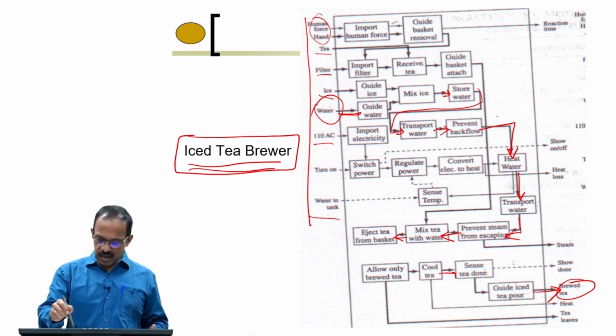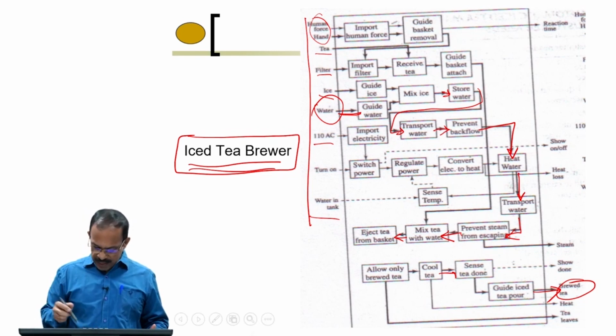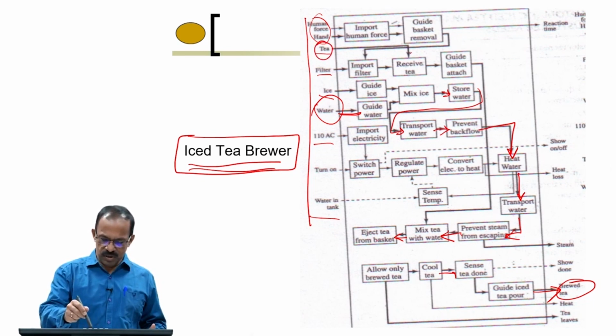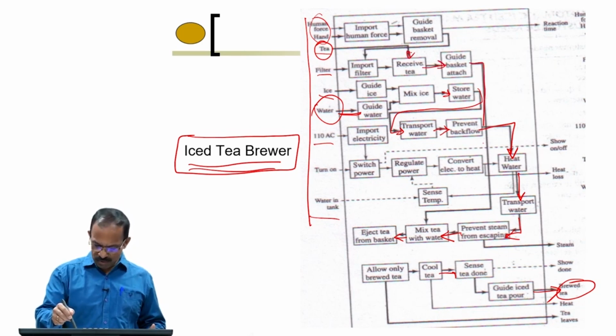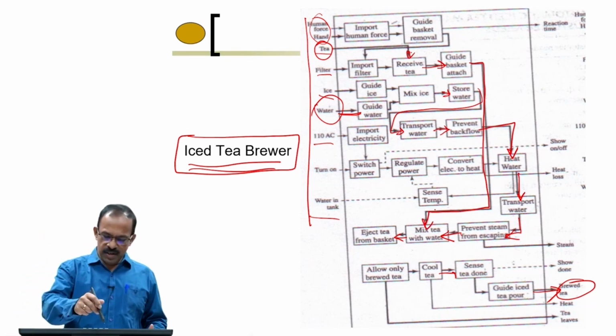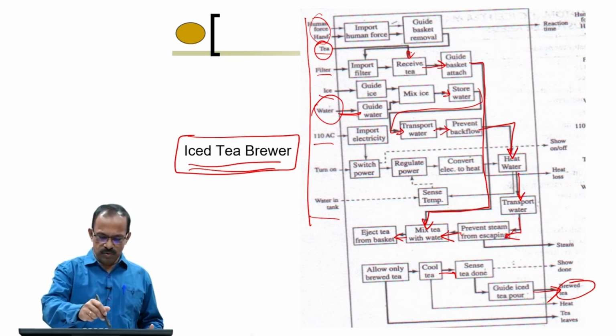From water, this is the water loop, and then you have the tea loop here. You can see that receive tea and guide basket attached, and then it comes over here, mix tea with water. That is the tea loop, and everywhere they will be using the human hand, that is why the human force will be coming here, and then basket removal, everything will be there.